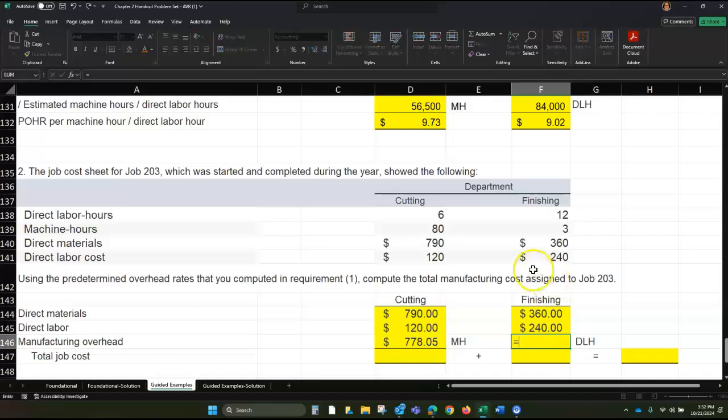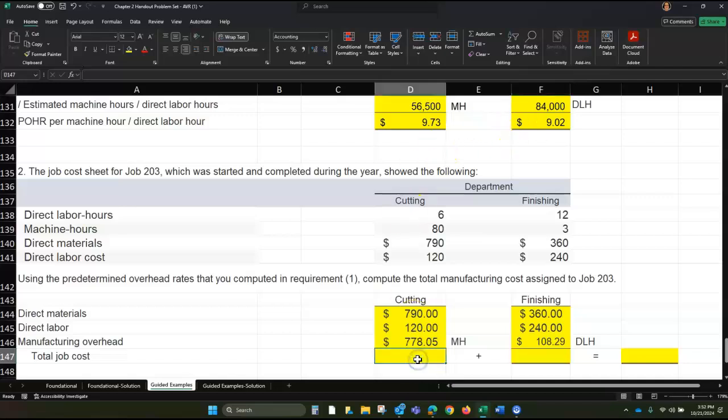So we pick up our number of labor hours and multiply that by our rate. Now all we've got to do is a little summing.